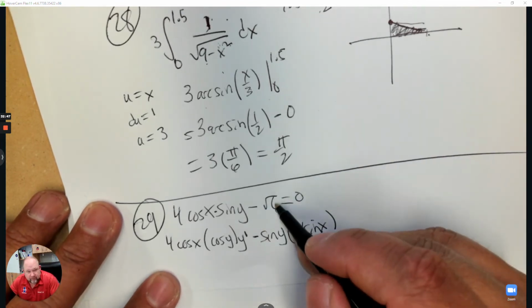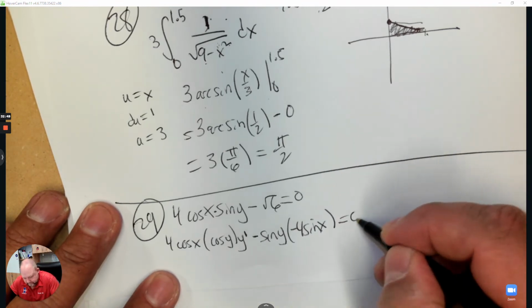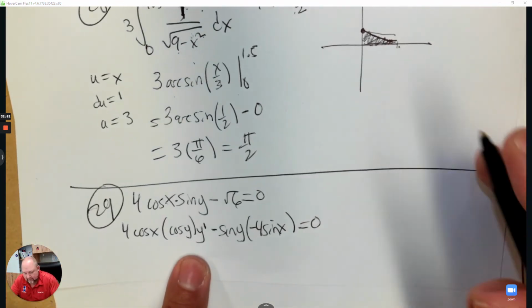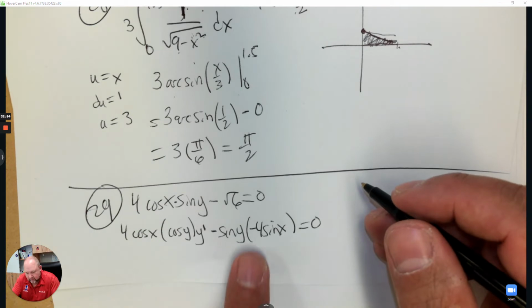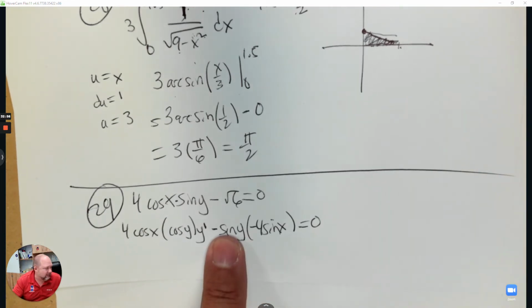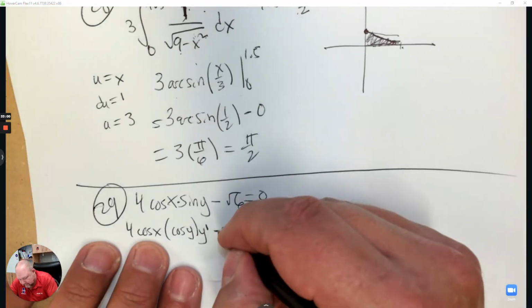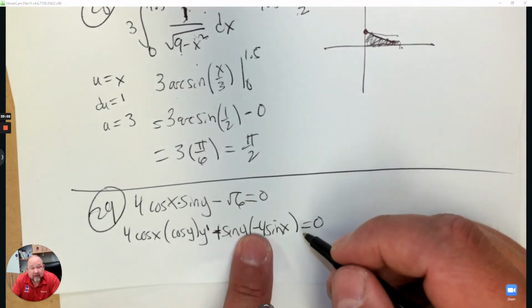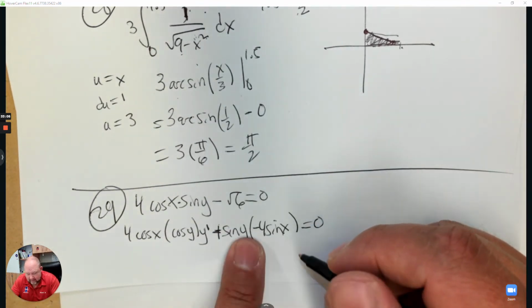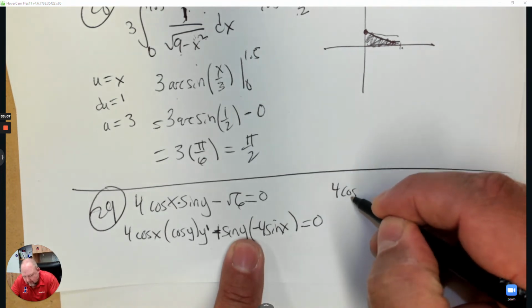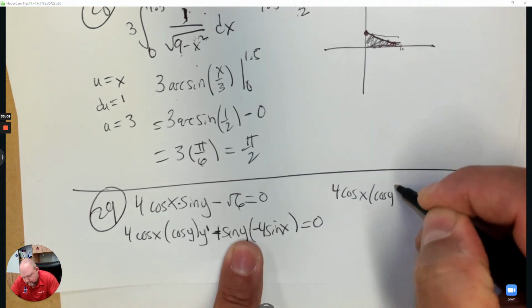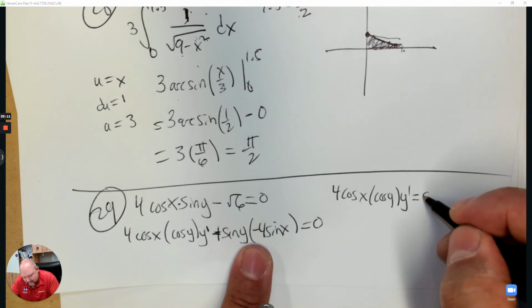The derivative of root x is 0. And now we need to get y prime by itself. So a negative times a negative. Oh, this should be a plus. Plus the second times. All right. So a negative times a positive is negative. So I'm going to rearrange this equation by adding it to the other side.